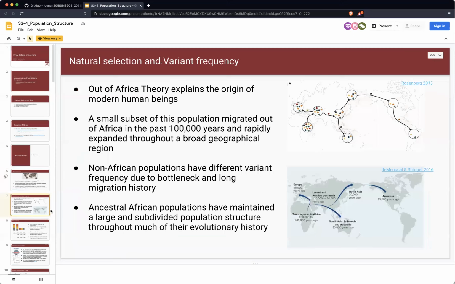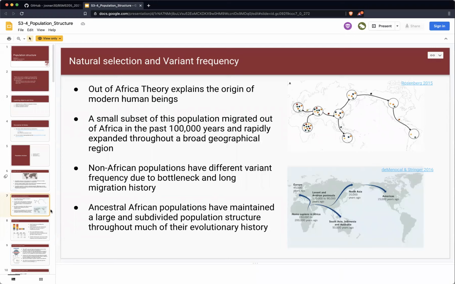So one way we can understand this population structure is the out of Africa theory. When we look at human history, the first origin of human beings is from Africa, right?